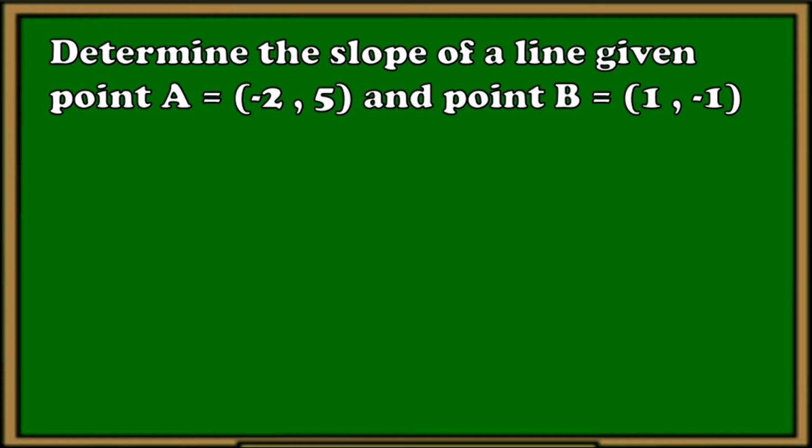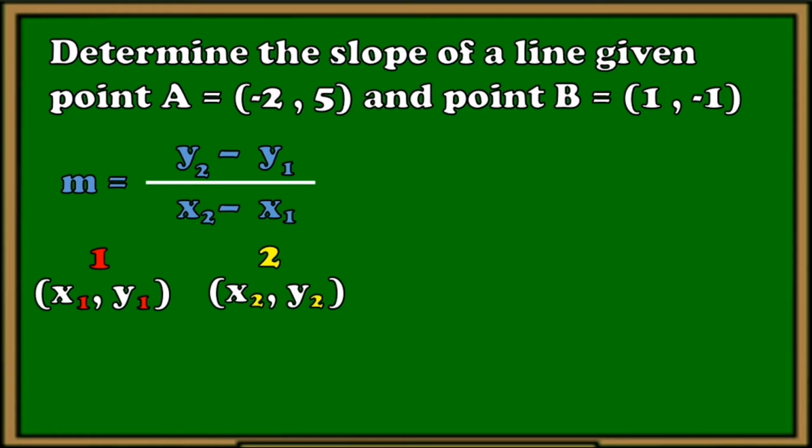Let's try the same example. Determine the slope of a line given point A, -2 and 5, and point B, 1 and -1. Again, we're going to use the formula of the slope y sub 2 minus y sub 1 all over x sub 2 minus x sub 1. And we're going to follow this pattern.